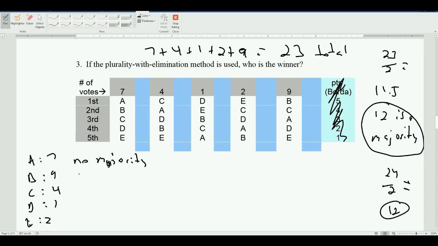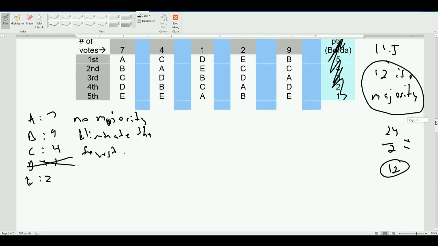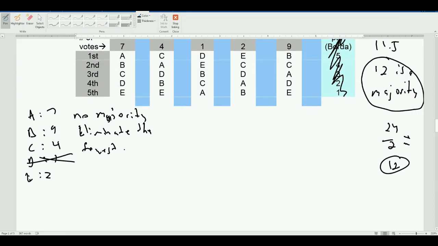And that means that we're going to eliminate the fewest. And that's D. So when we do that, we're going to rewrite this table. That means that D has been eliminated. Fewest votes is eliminated. So let's just do it again.